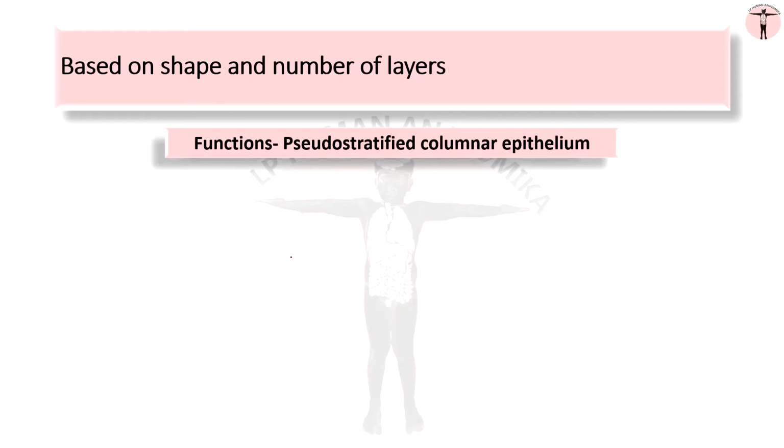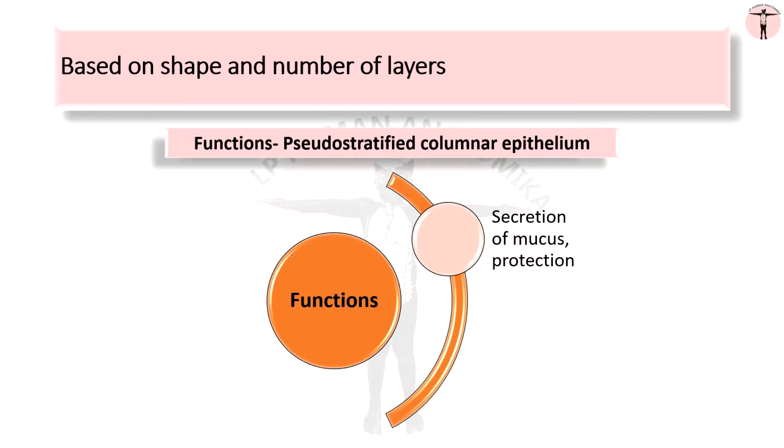Coming to the functions of the pseudostratified columnar epithelium. In the respiratory tract, the functions are secretion of mucus and airway protection. The mucus covers the surface of the epithelium. The foreign particles present in the air, which enter through the nose or mouth, get trapped in the mucus secreted by the epithelial cells.